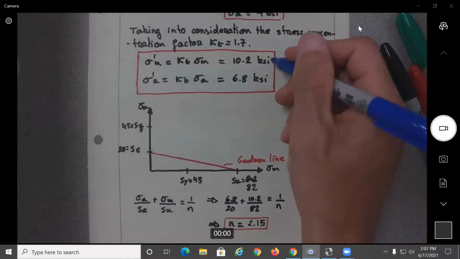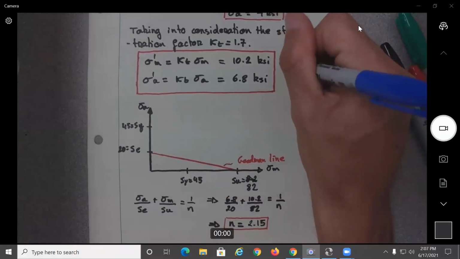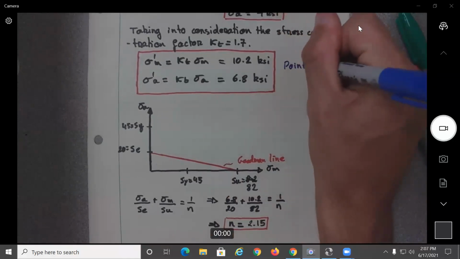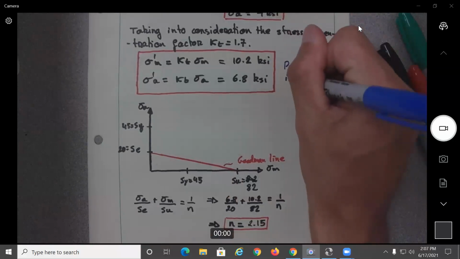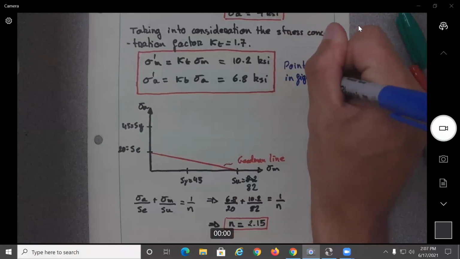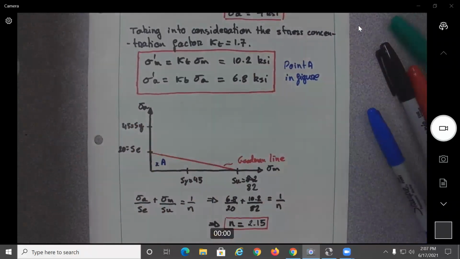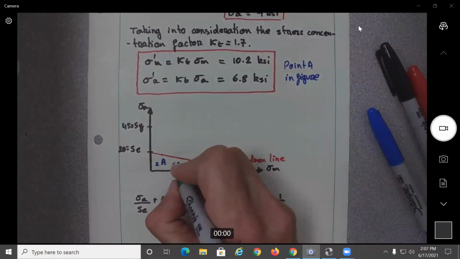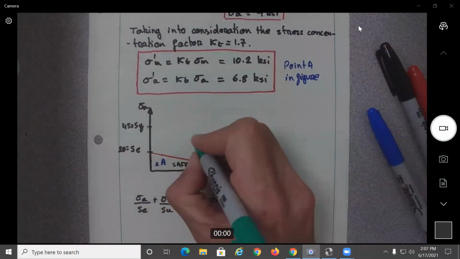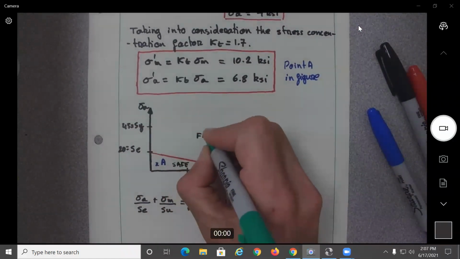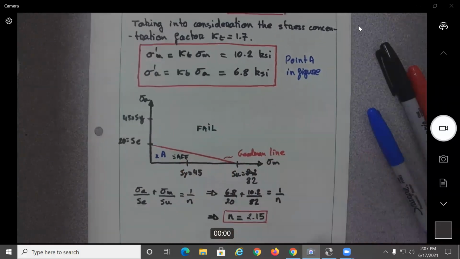So let's say in this case, this corresponds to point A in the figure. So I mean, let's guess that it will be somewhere over here. We know this is safe. And this is the region of fail.